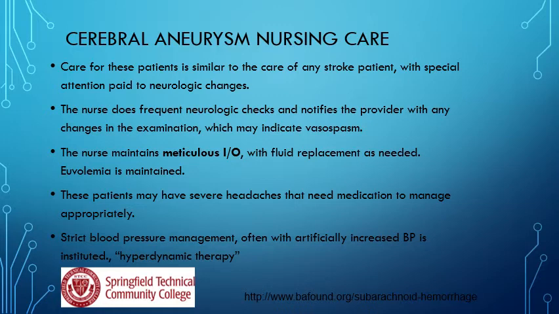The patient may have severe headaches that need to be managed with medication. Opiates are very common for these patients because they do have terrible headaches from the irritation of the blood in their head, and their blood pressure has to be managed very closely. Sometimes their blood pressure is artificially increased to keep those vessels open.